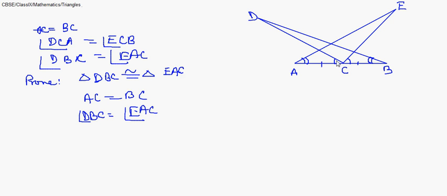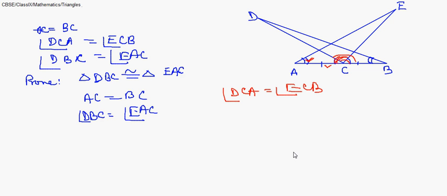Because I have already taken the equality of these two angles, there has to be this whole angle of one triangle equal to the same angle of the other. So we are now trying to prove DCB equal.